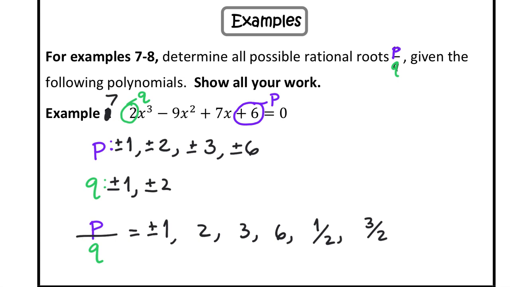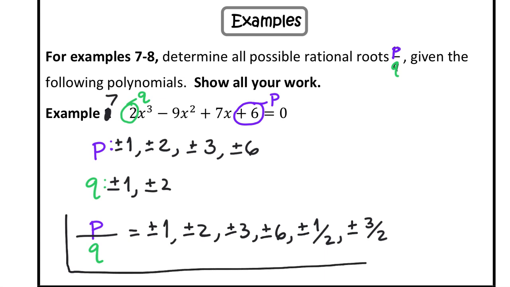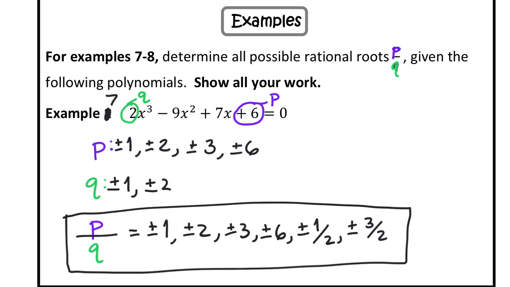And then I'm just going to add a plus and a minus on all these, because we're considering all possible situations, so we're even considering the positive and the negatives. So this is my answer. So again, we're trying to determine all the possible ways to divide p over q. First we have to figure out which value is my p and which value is my q.